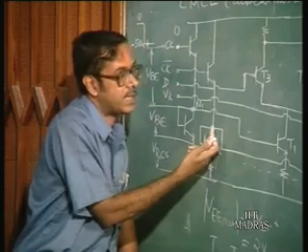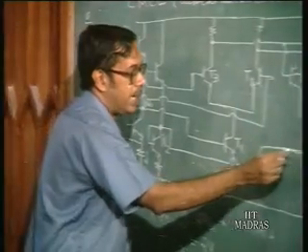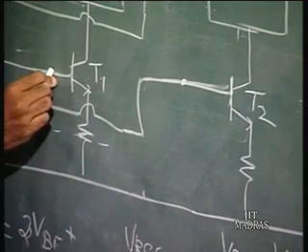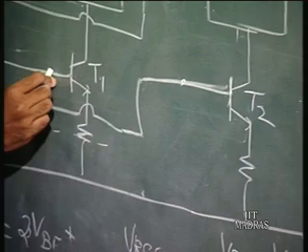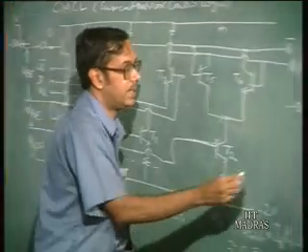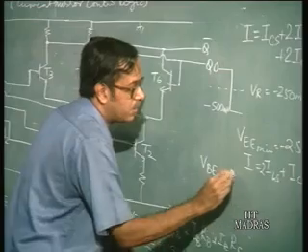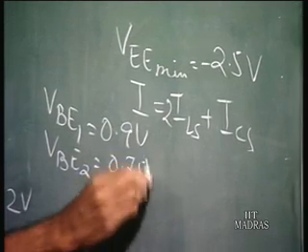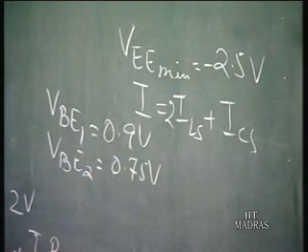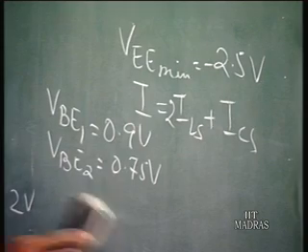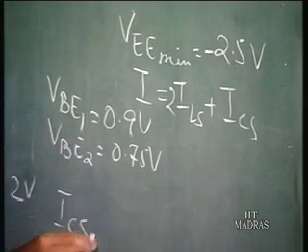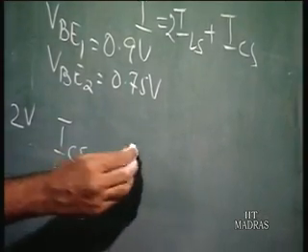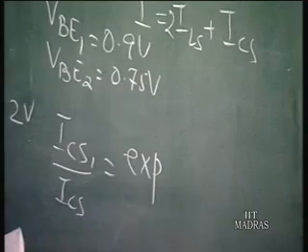So, if we say that at the base of T2 you have 0.75 volts and at the base of T1 you have 0.9 volts, so VBE1 is equal to 0.9 volts and VBE2 is 0.75 volts, then you can say that the two currents, ICS1 by ICS2, that is the two current source values, will be equal to exponential, because it is dependent on exponential VBE.